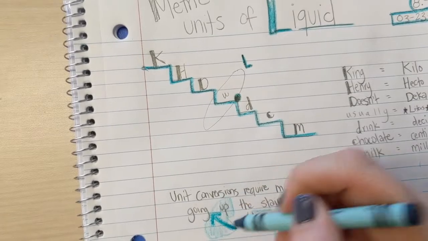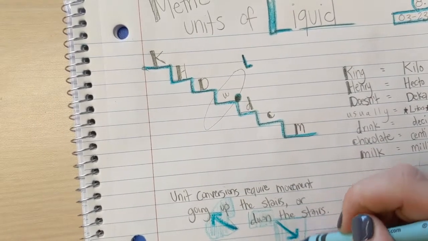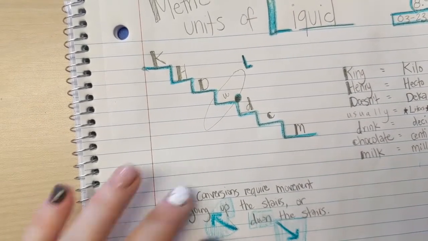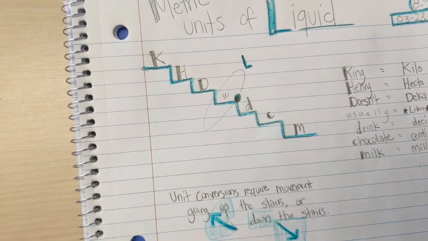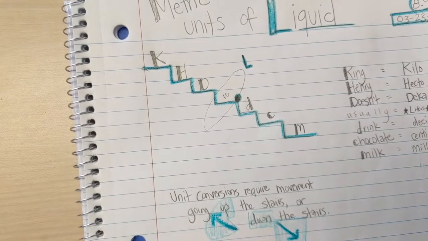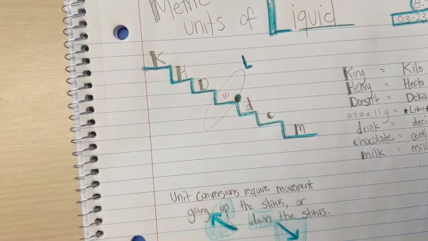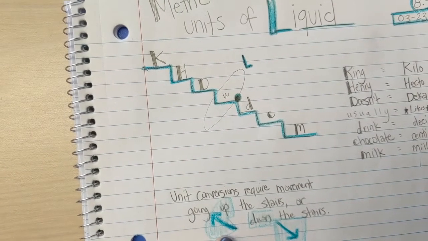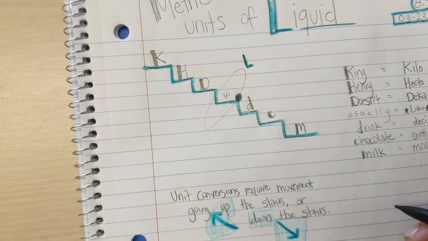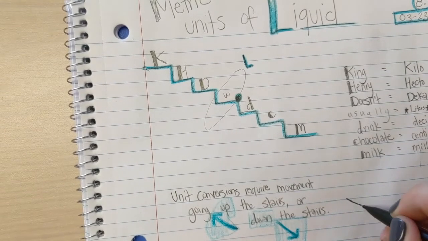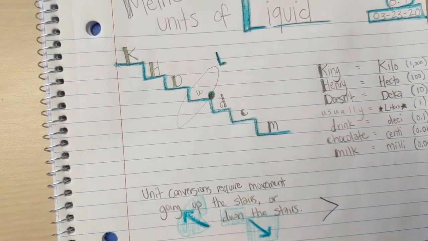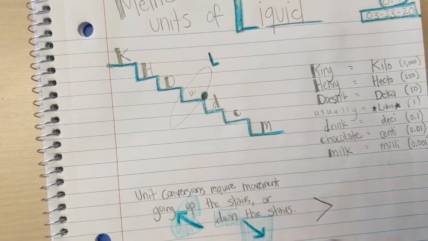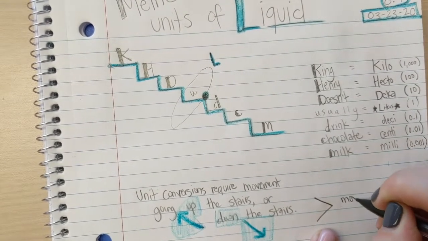Sorry, that was a weird way to circle that. That one means down, and that one is up. Okay, so as far as moving up and moving down, what that means is that it's a decimal movement. So you're just going to kind of put over here, off to the side, you can just put this caret. Move the decimal that direction.